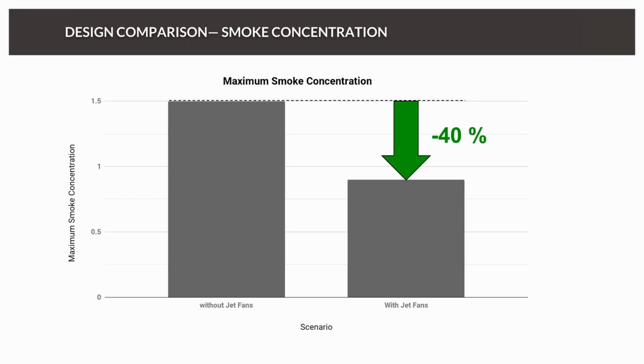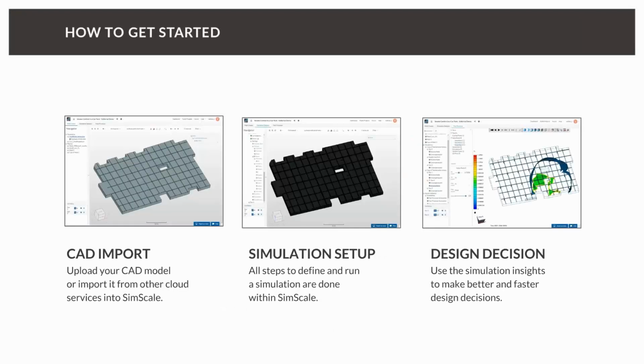And in practice, this means that all the standards or the national building codes are, in the end of the day, defining a time frame in which the smoke concentration needs to stay under a defined threshold. And as a next step, you could use the simulation to reduce the number of fans you need and really optimize the smoke scenario so that it matches the requirements from your national building authority.